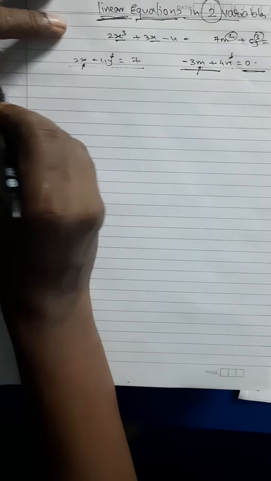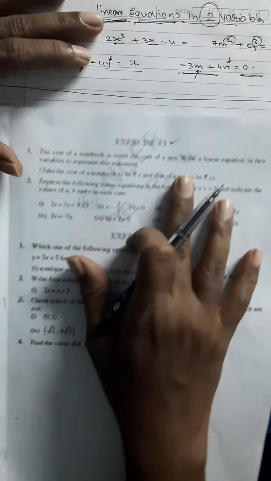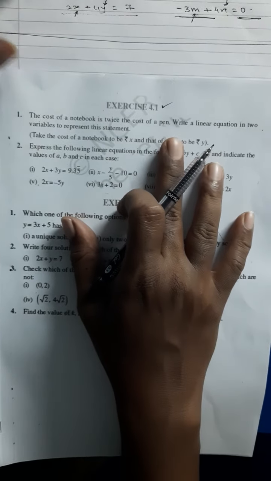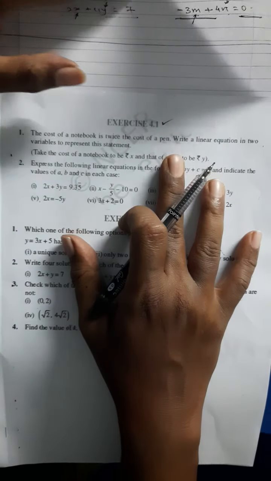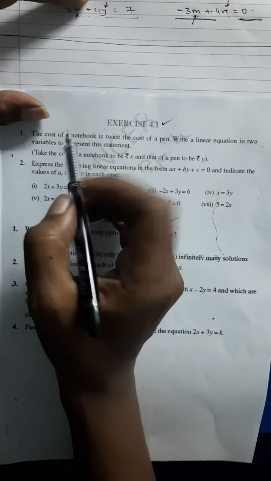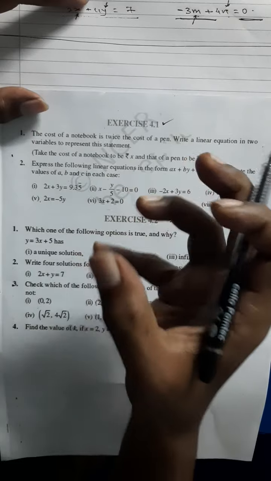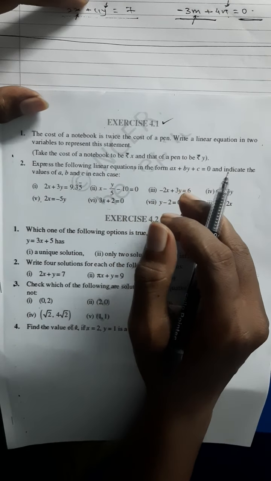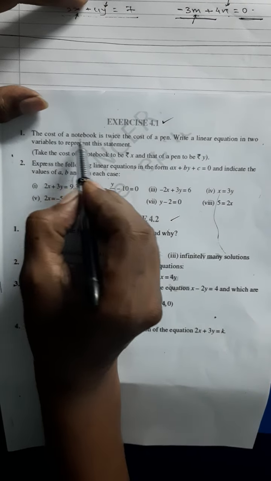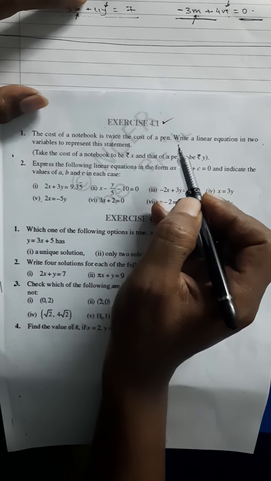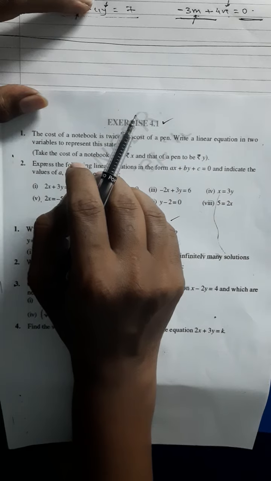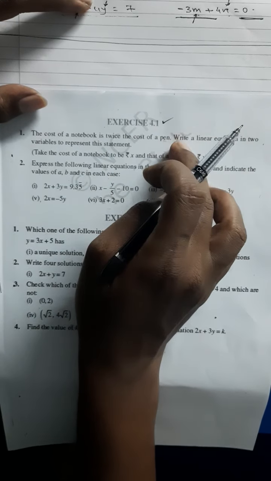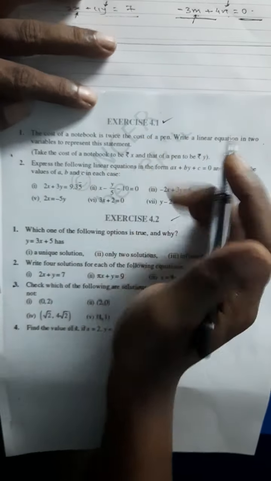Now in the first exercise, I request you all to carry your textbooks with you, because I am not sure whether you will be able to see this clearly as required. Now coming to this topic, my dear students, first they are giving you just an introduction to what a linear equation in two variables is. The cost of a notebook is twice the cost of a pen. So when there are two variables, in this question also you will see there are two different identities.